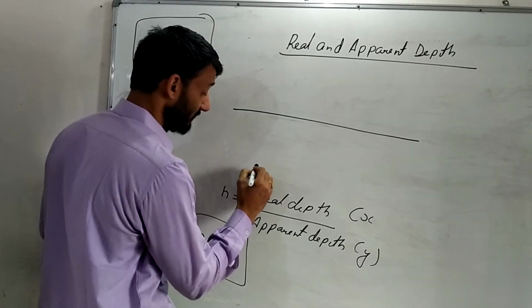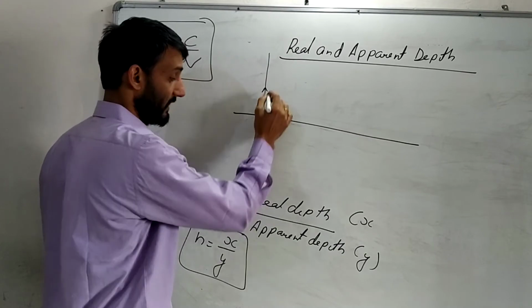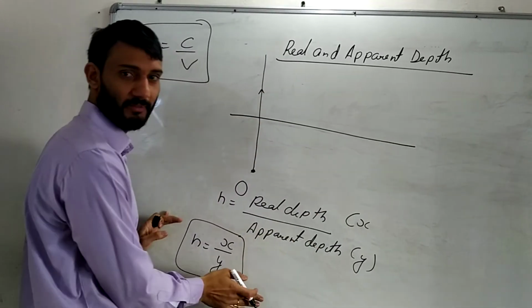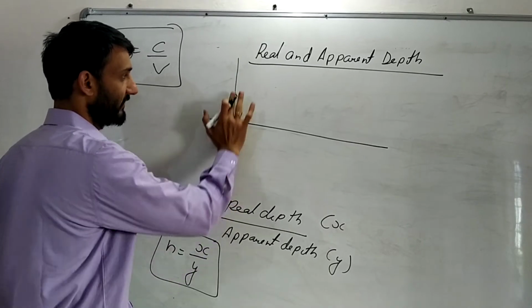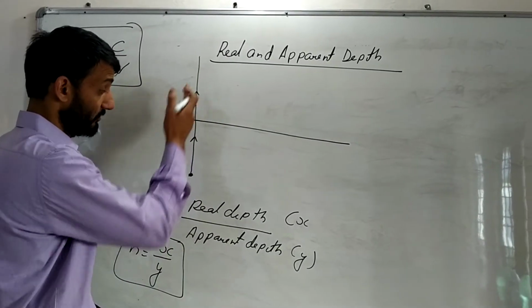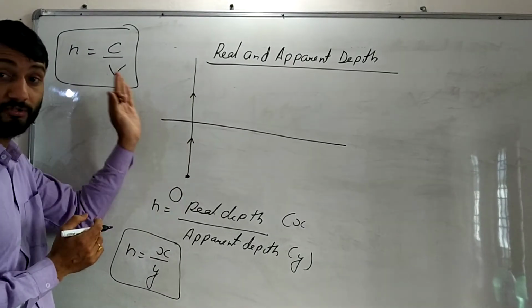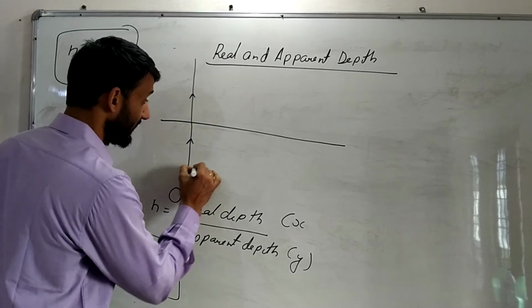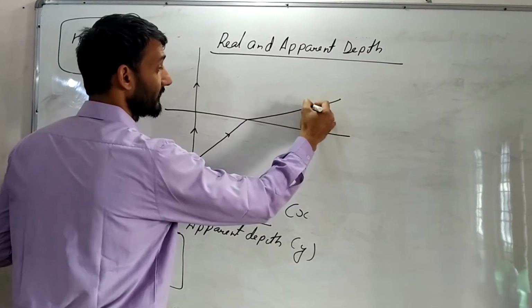Light from this object will go normally straight. It is actually going in all possible directions. When it goes normally, we know that it will not refract, because when light strikes the surface normally, it does not bend here and there, it goes straight. Now one light ray will go like this, and it will bend like this.